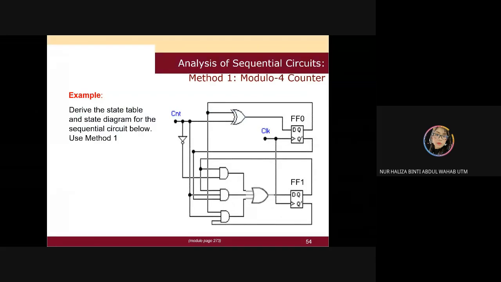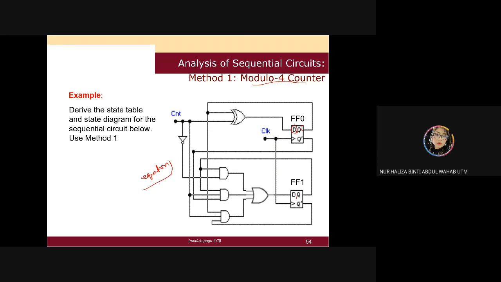Okay, first of all, let's look into the modulus 4 counter. Okay, this is the logic. When you are given the logic here, of course, you're going to be provided with the modulus 4 counter. You're going to know what is D, what is Q, what is D0, what is D1 in terms of the equation.